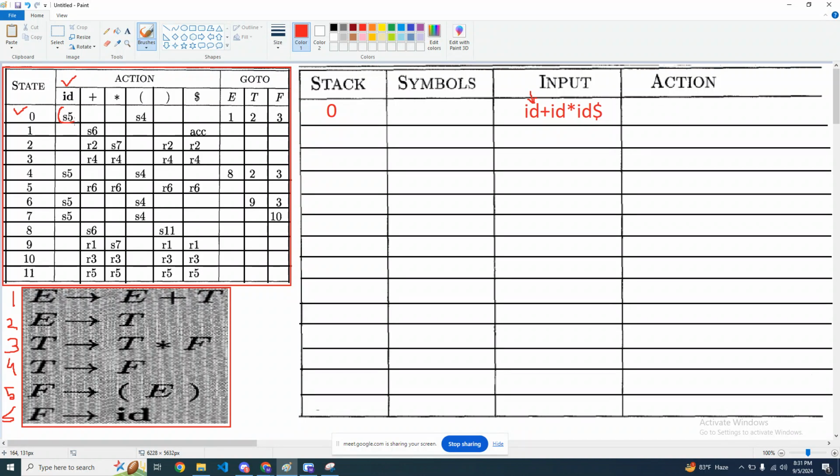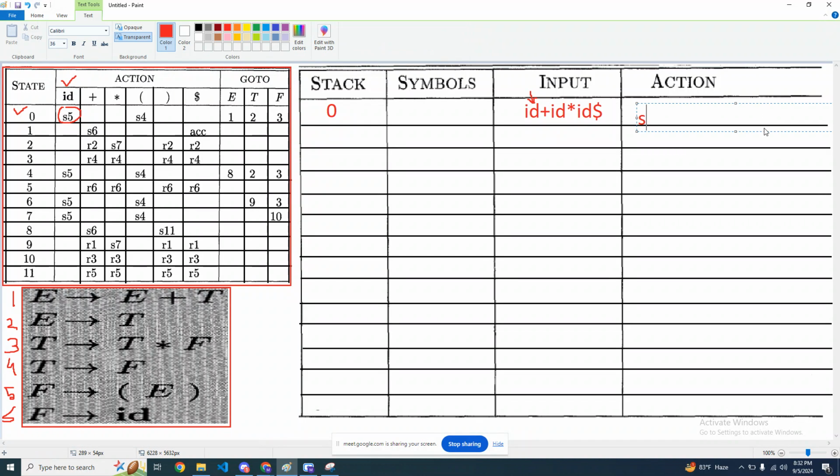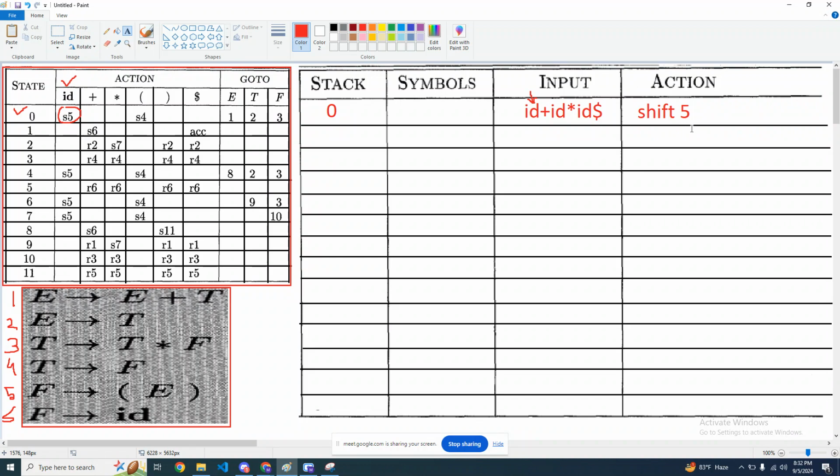So you have the action S5, that means shift 5. So your action is shift 5, right? So you're going to shift 5 into the stack, right? And also you are going to shift this input into the symbols as well.